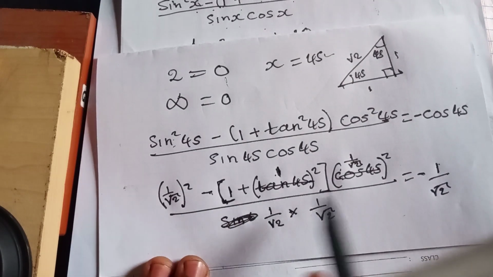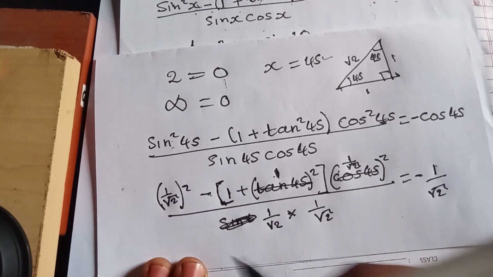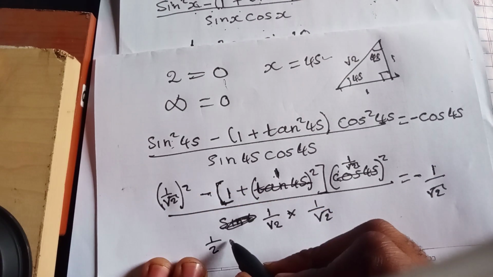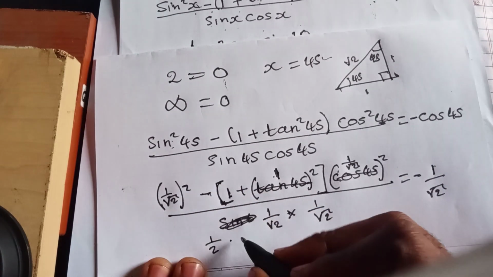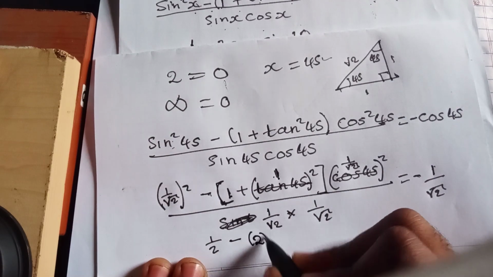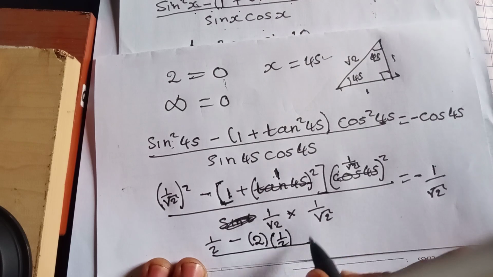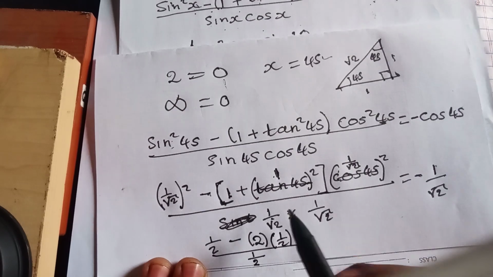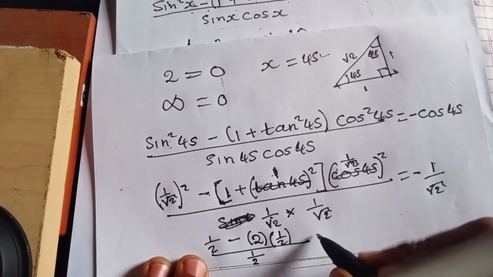So if you simplify this, you'll notice that the left hand side will not be equal to the right hand side. 1 over root 2 squared is a half, and then 1 plus 1 squared is a 2. This is multiplying by a half, and then everything over a half times a half is a half. 1 over root 2 multiplied by 1 over root 2 is just a half.